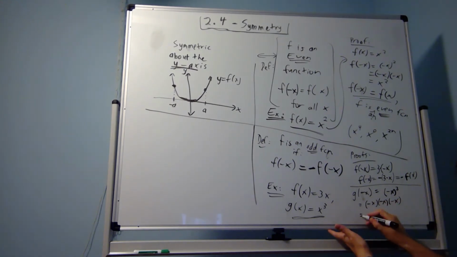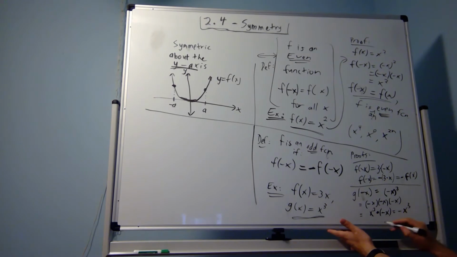There's an odd number of minuses. Well, the minus comes out in front, and then we have, so that's a times, that's a minus sign. The minus comes out front, we get an x cubed, and that's minus f of x.